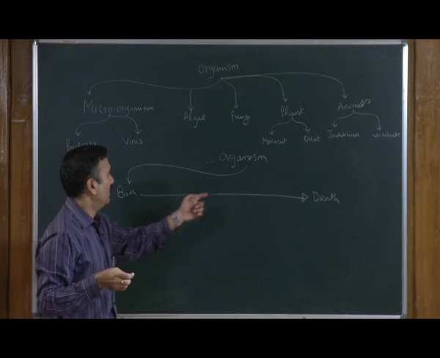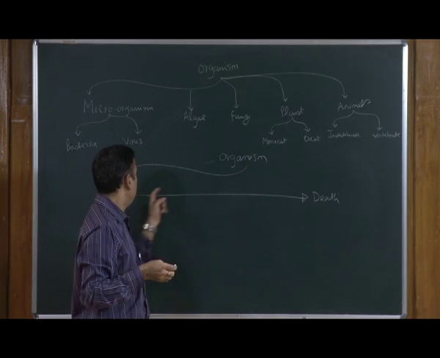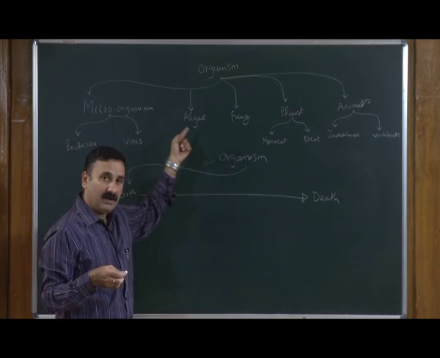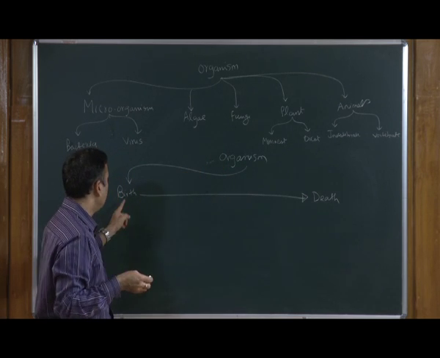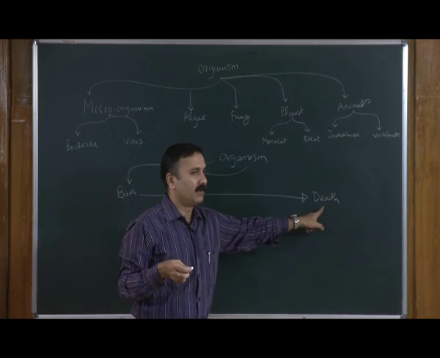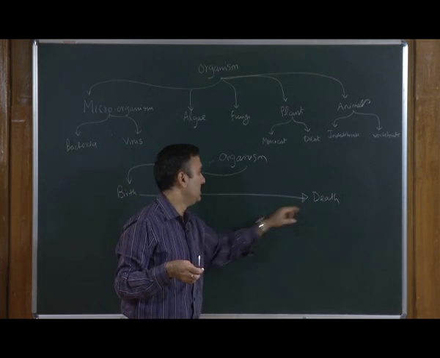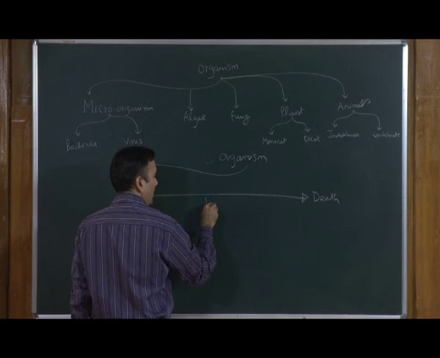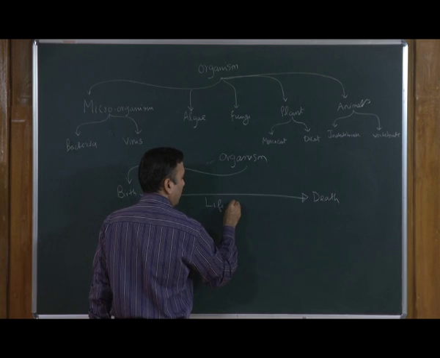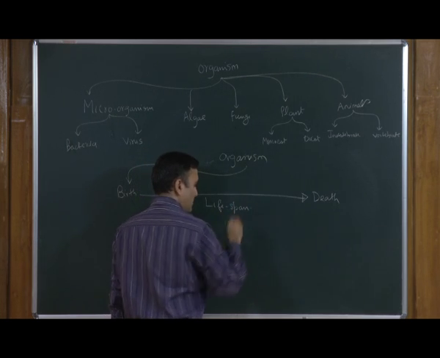If you see, every organism is taking birth from pre-existing organisms, and that organism is going for death, and the time period from birth to death is known as the lifespan of a particular organism.